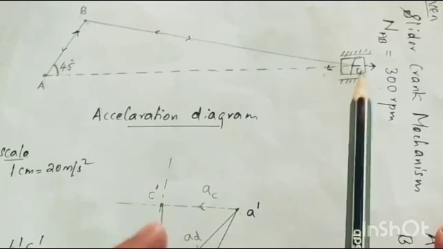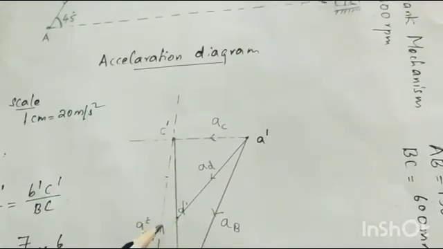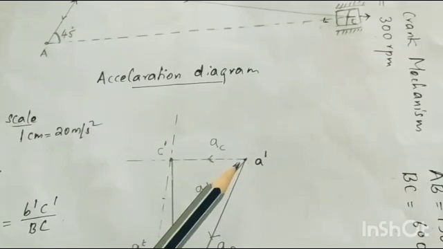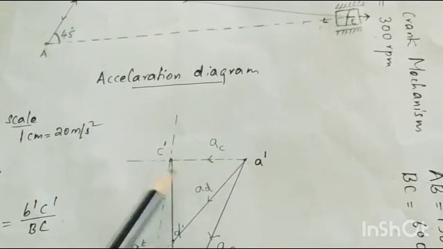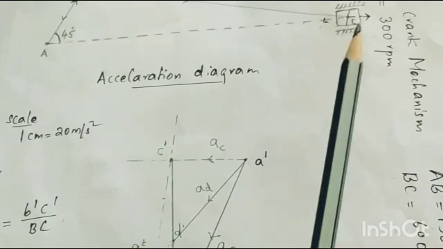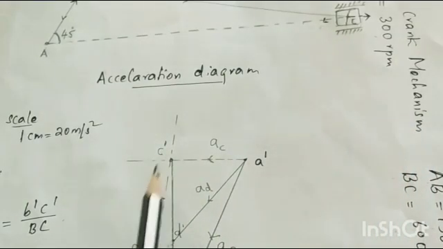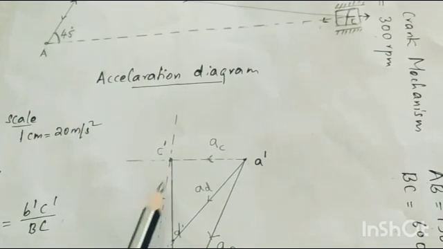We don't have an end point here initially, so we can start from the initial fixed point A. From here draw a line which is parallel to the direction of the piston. It will get joined with this line, and mark that point as C dash.